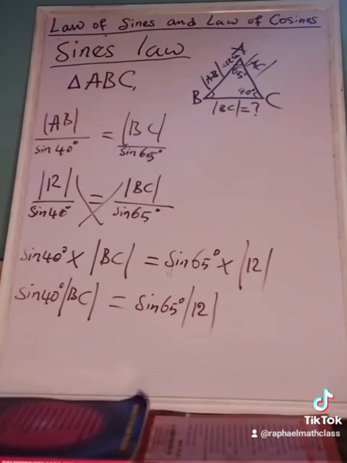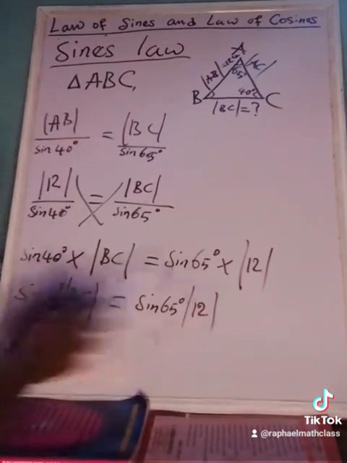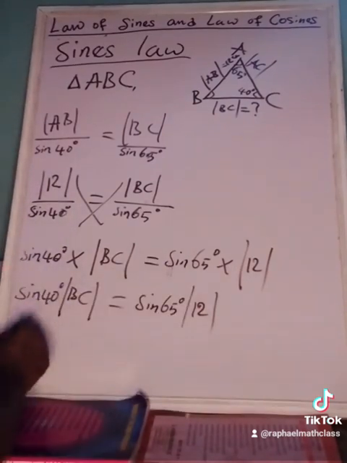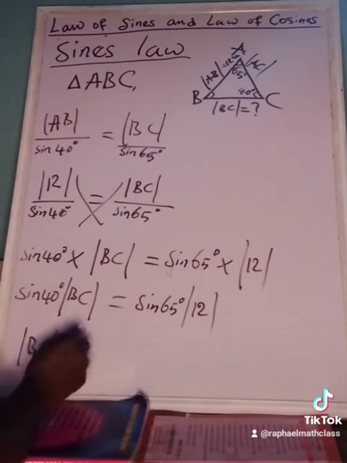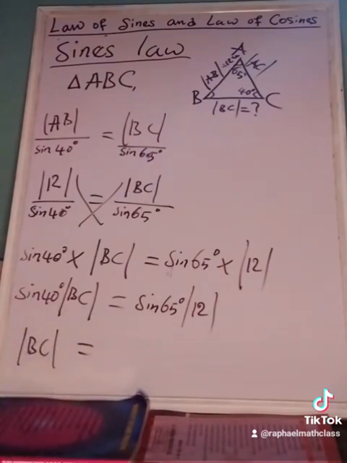If you look at BC here, the multiplier of BC is sine 40 degree. You understand? So if sine 40 degree is a multiplier on the left hand side, we can undo it by making it a divisor on the other side. So we are isolating side BC here by making it the subject of the formula.